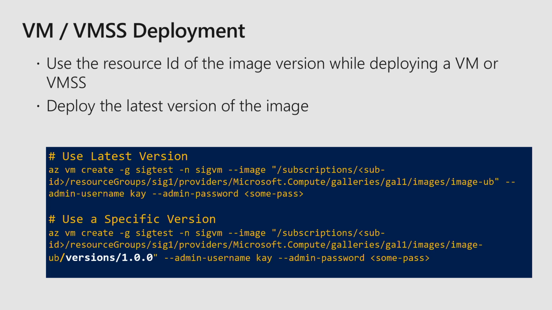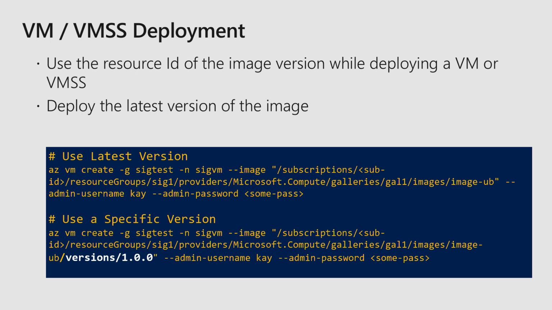Now, the way to deploy a VM or a VMSS from an image version is pretty simple. All you need to do is specify the resource ID of the image version, and everything else remains the same. So if you're deploying VMs from your managed images today, nothing changes for you. All you need to do is specify a different resource ID.